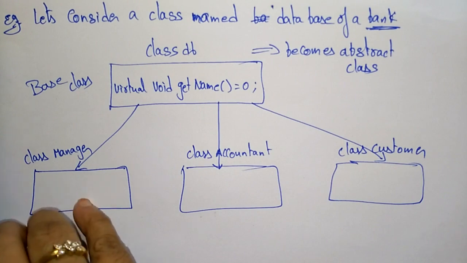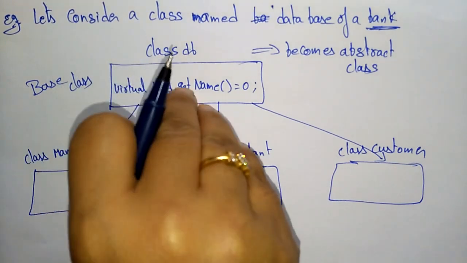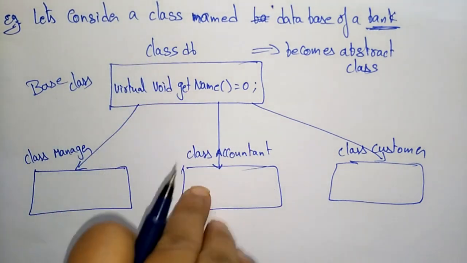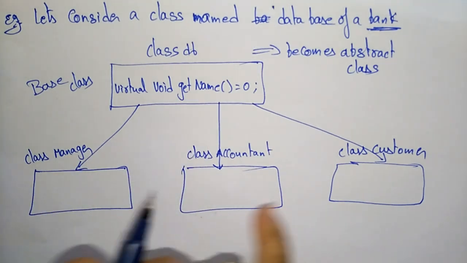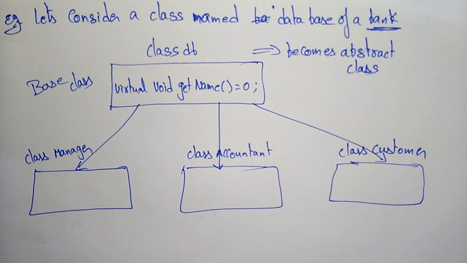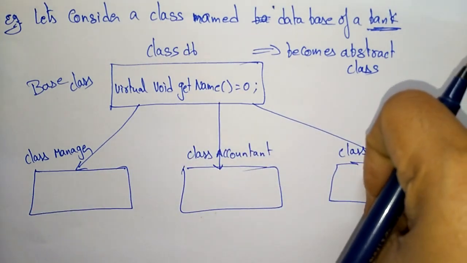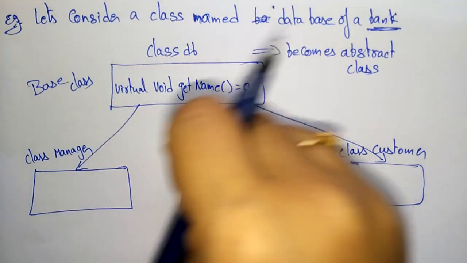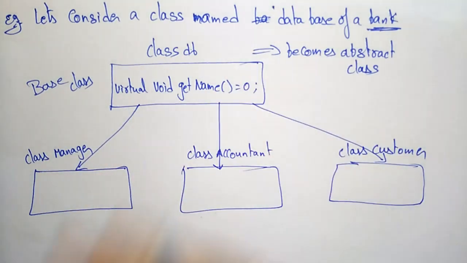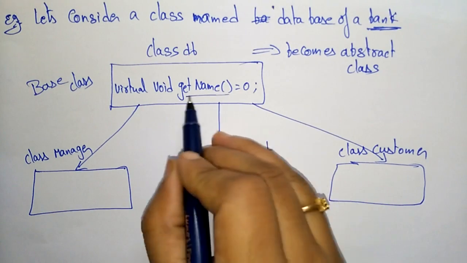The class manager has to deal with a particular get name. At the same time, the accountant also deals with get name, and the customer also has a name. Whatever his name is, that will be dealt with by the manager and the accountant. So we are frequently using this function get name.